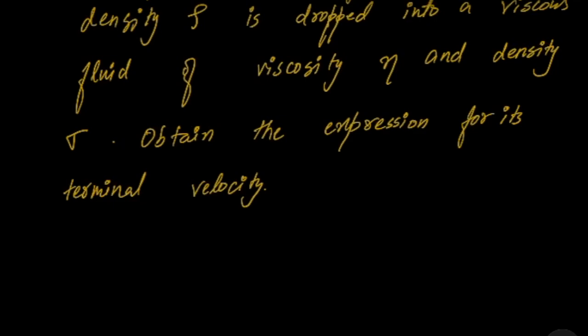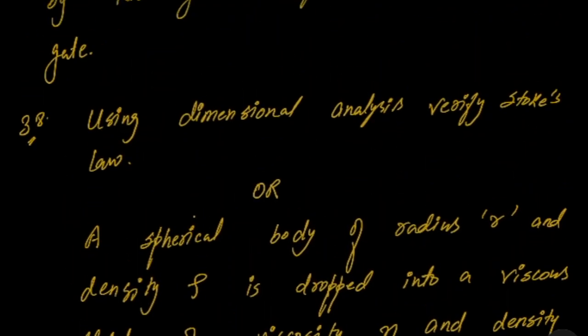a viscous fluid is directly proportional to the radius of the sphere, the velocity of the sphere and the coefficient of viscosity of the fluid. So we will find out the formula for this from the dimensional analysis, right? It is asking about dimensional analysis.